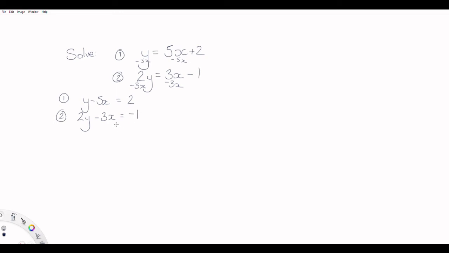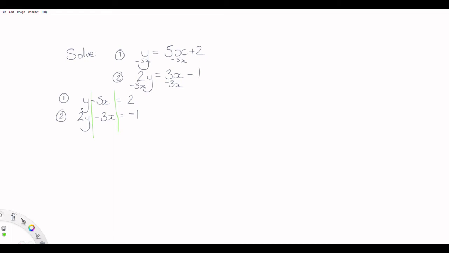Okay, so last time we said with the elimination method, we subtract one from the other and get rid of one of the terms. But that's not going to be so easy this time. If we were to do the same thing that we did last time with the y terms, then we're either going to be doing y minus 2y, and we're still left with a minus y term, or we can do it the other way around.